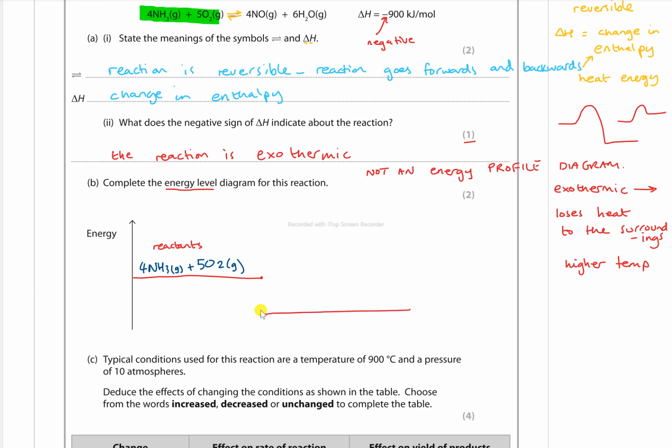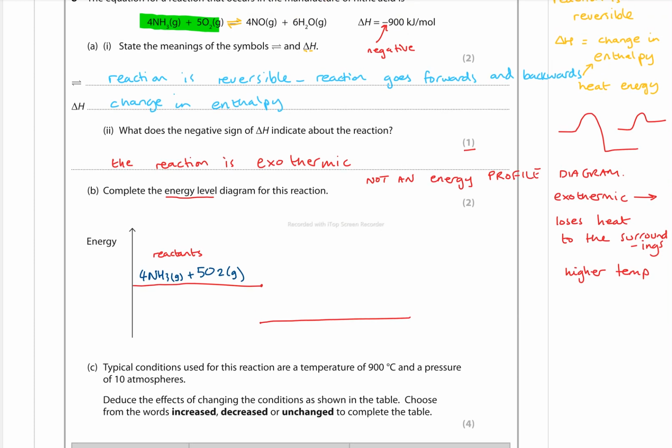It doesn't matter how long it is. And then what I do is I put down the products. So the products will be here, 4NO plus 6H2O, and that's that done.